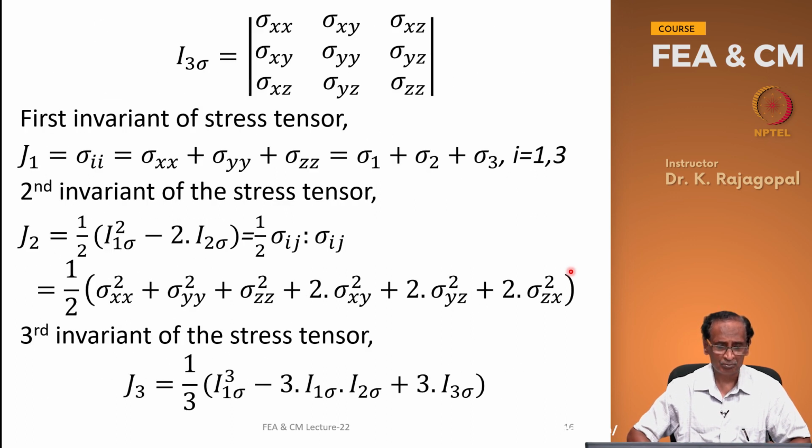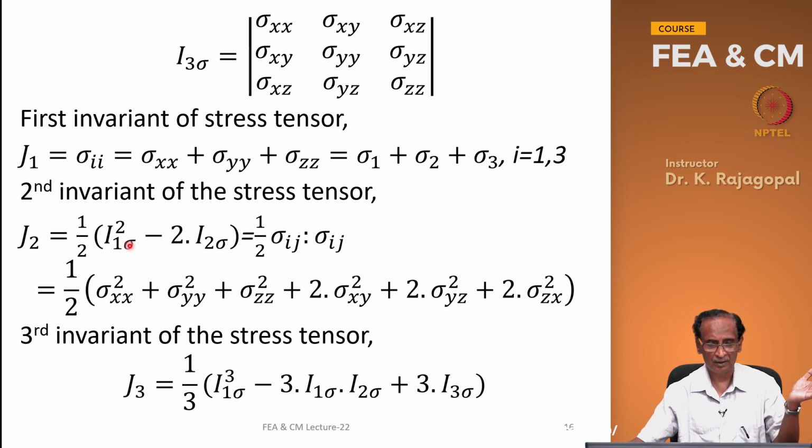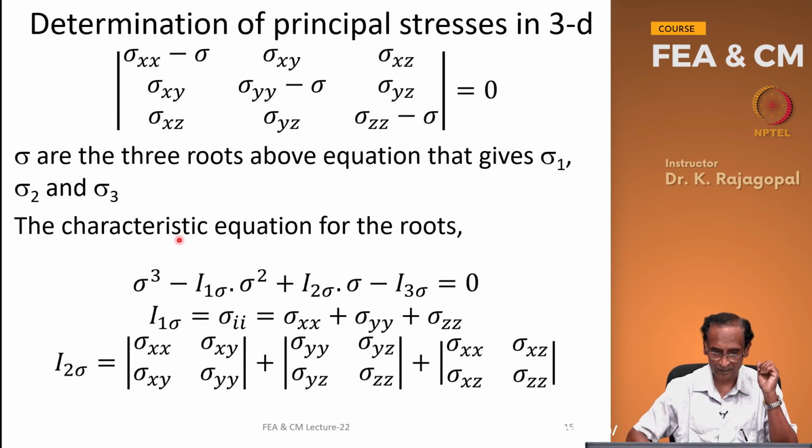In fact, if you look at these equations, for J2d, I1 sigma is 0 for the deviatoric stress tensor, and you are left with only I2 sigma, because the 2 gets cancelled out, and I2 sigma is this quantity.